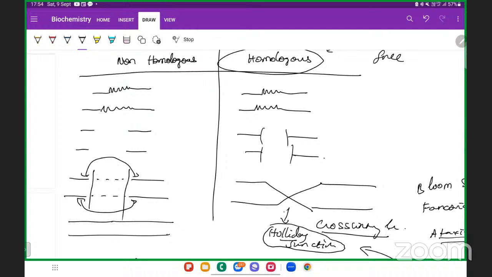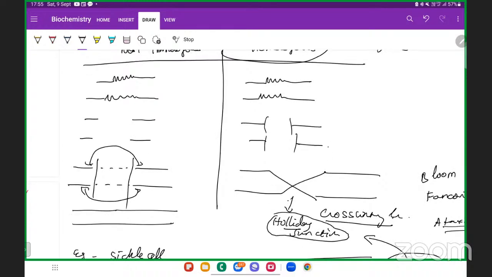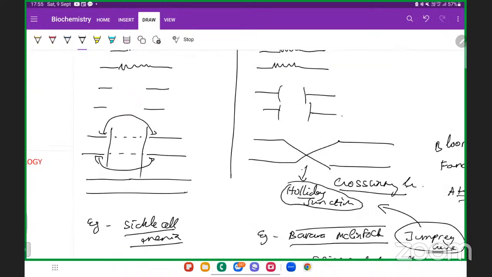If there is any problem in end joining repair, that will lead to severe combined immunodeficiency, or the radio-sensitive SCID. Now, can anyone tell me in the chat box, if you have seen the first video of molecular biology, I told you that one particular enzyme deficiency will cause SCID.